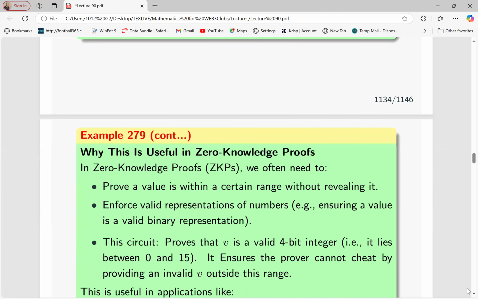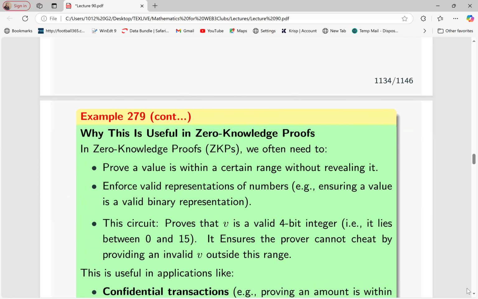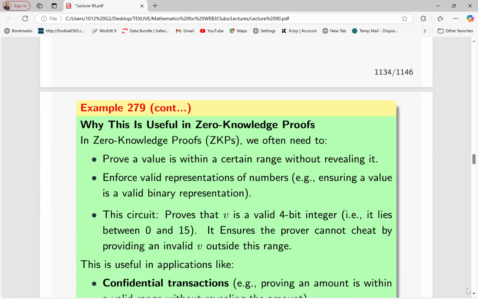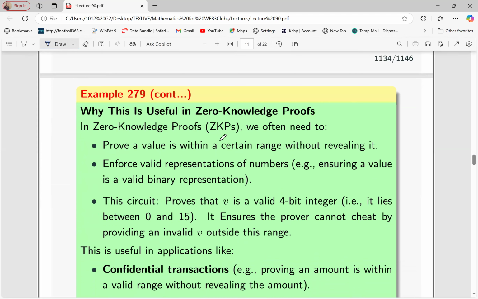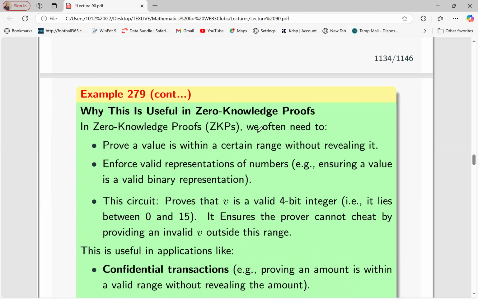Now I'm asking myself, why is this useful in zero knowledge proof? Why is what we've discussed useful, even before we proceed to look at it in deeper detail? In zero knowledge proofs, or ZKPs, we often need to, one, prove a value is within a certain range without revealing that value.